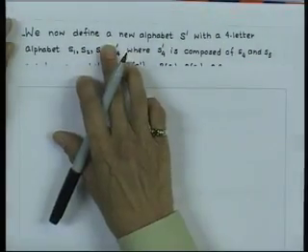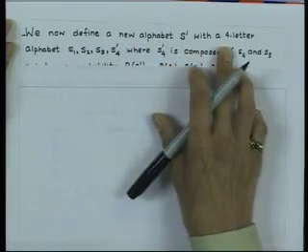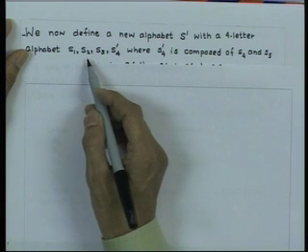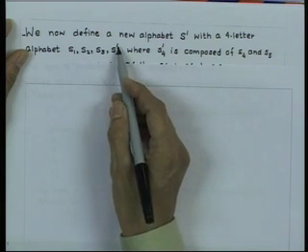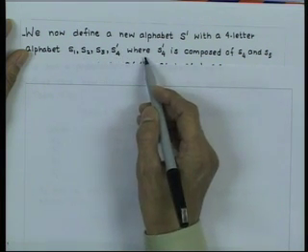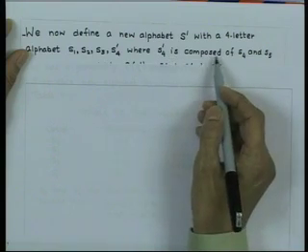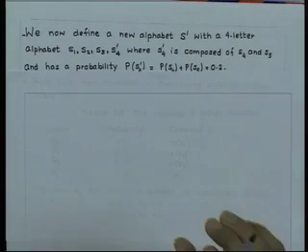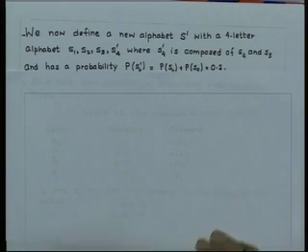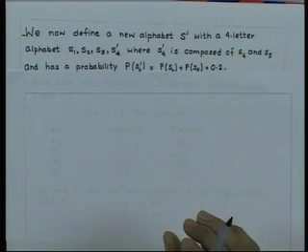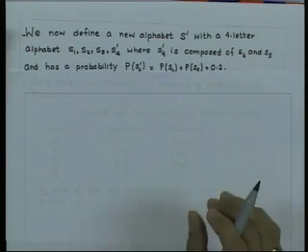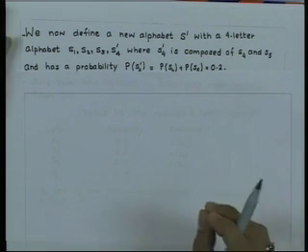We define a new alphabet S dash with a 4-letter alphabet S1, S2, S3, S dash 4, where S dash 4 is composed of S4 and S5, corresponding to the two least probable source symbols occurring in the source.